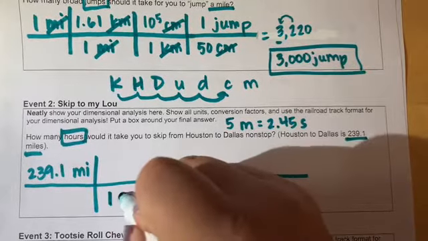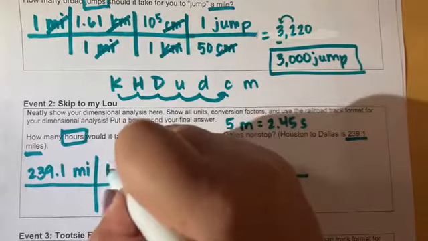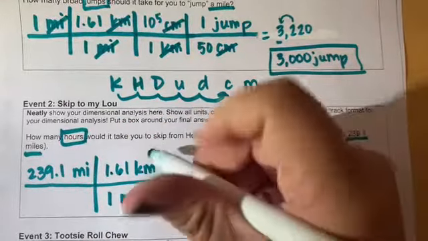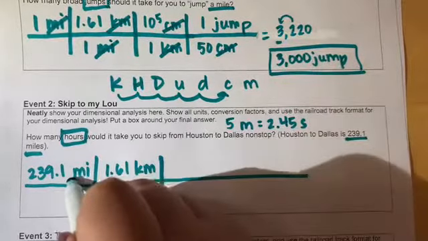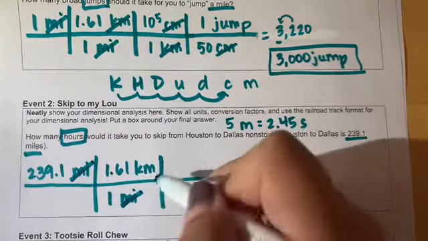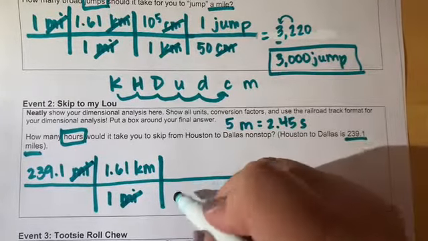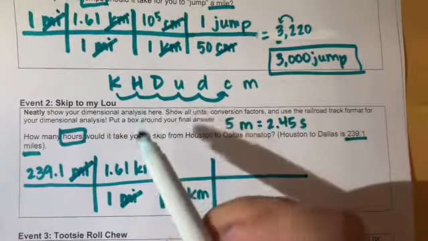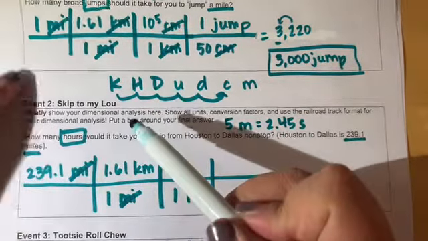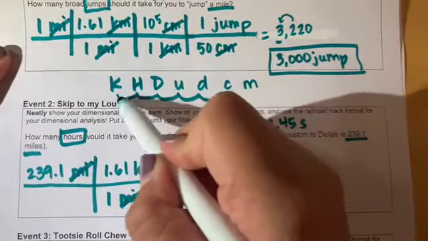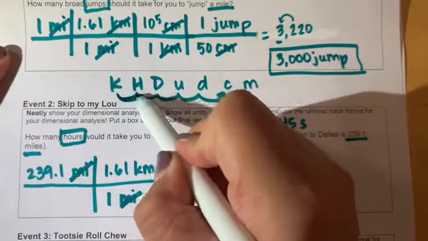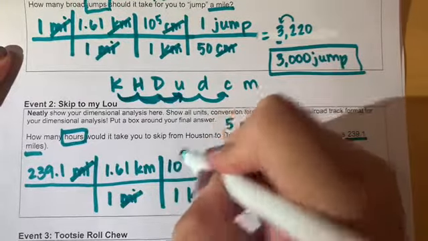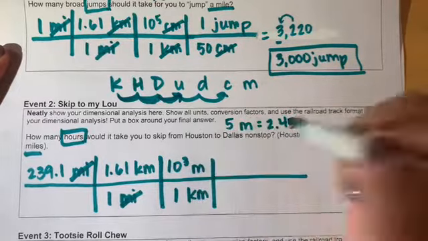In 1 mile, we have 1.61 kilometers. That cancels out my unit miles. We're left with kilometers, but I know that 1 kilometer is equal to how many meters? Let's use our pneumatic device. Kilometers is here. It's going to take us 1, 2, 3, only 3 jumps. So 10 to the 3rd meters.